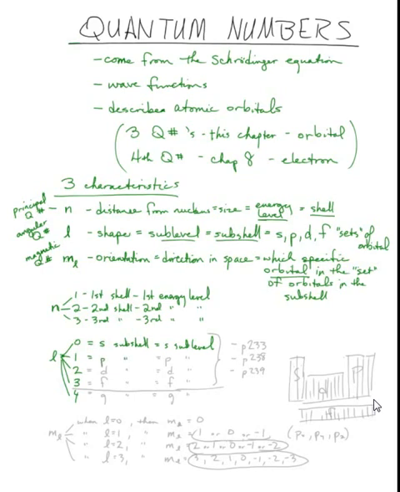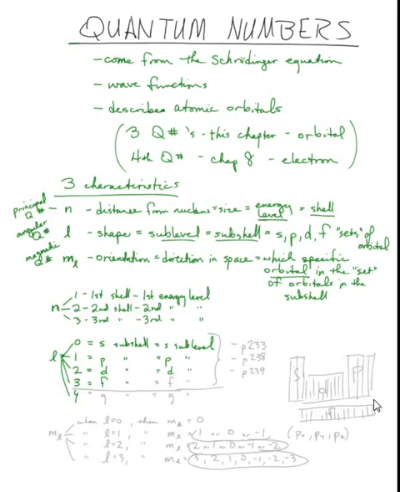Okay, now we said that l is the shape. So I would refer you to your textbook to look at the shapes of these orbitals. The shape of the s orbitals is described on, let's say page 233, which is a good one.